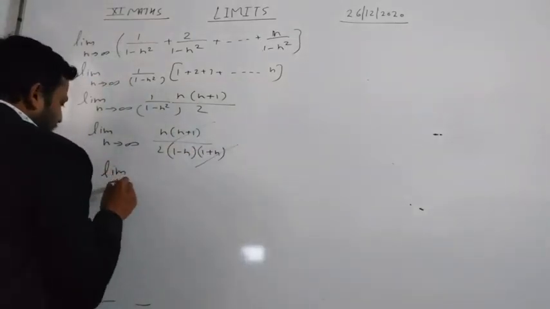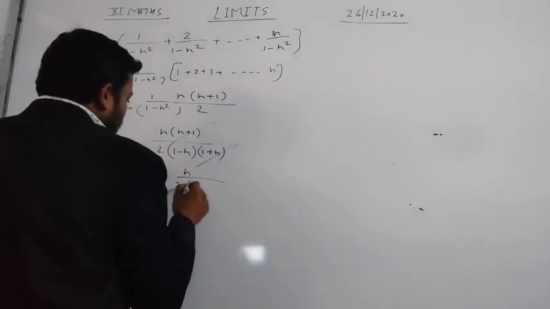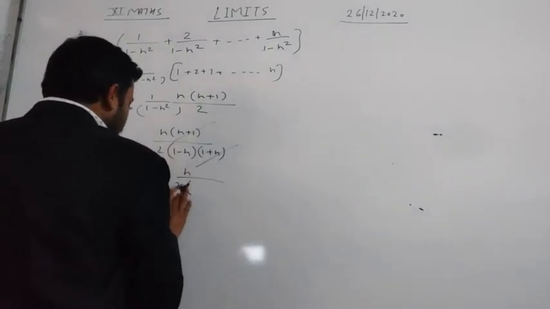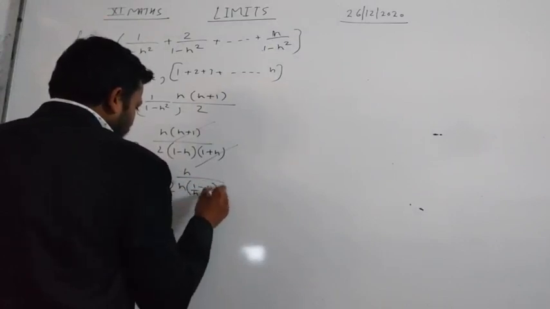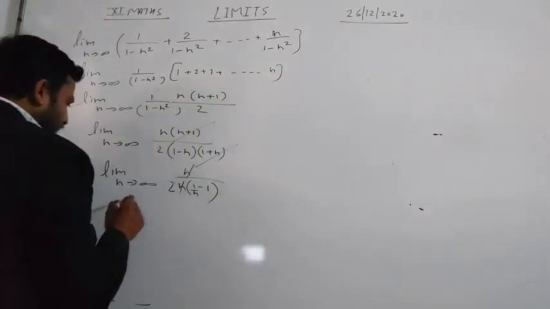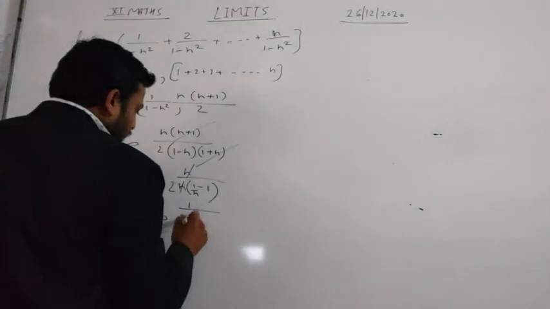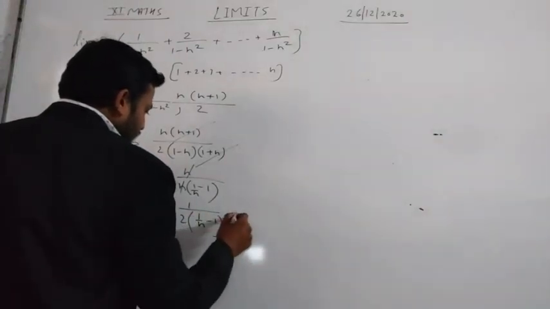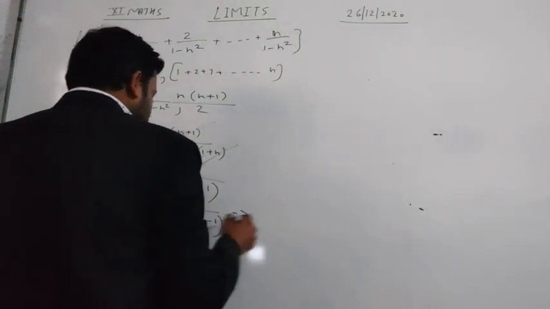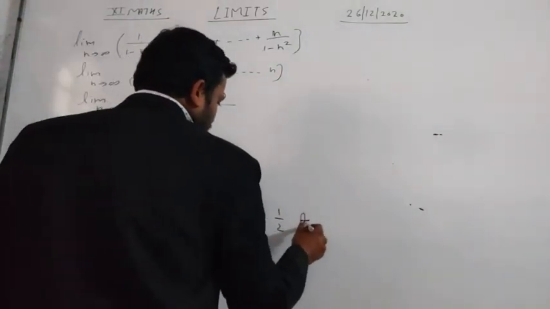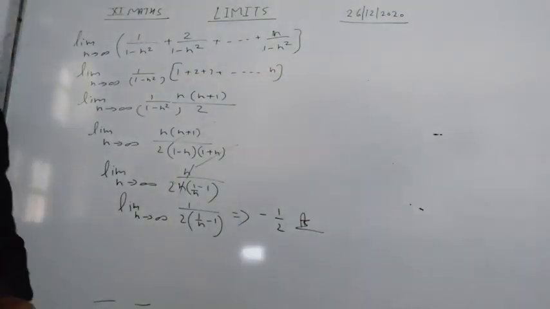So we write limit n tends to infinity n by 2, and taking n outside from here, we write 2n(1 by n minus 1). This n and n cancel. Now limit n tends to infinity 1 by 2 (1 by n minus 1). Okay, students. Now we put here the values. So it will be 0 minus 1 by 2. Okay, so this will be our required result. I hope you understand, students.